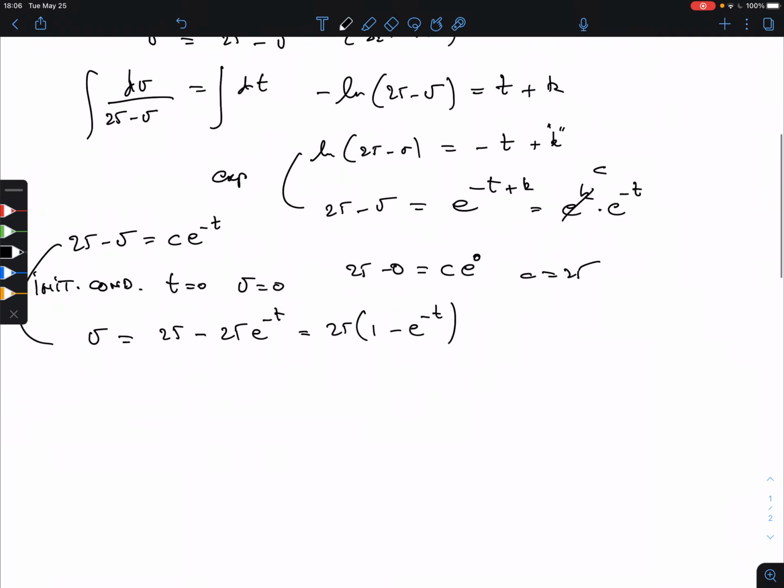And there was an extra question. What is the terminal velocity? Let me remind you about terminal velocity. This is the velocity, so this is what we did. In some sense, it's a theoretical concept because we can never have infinite time, so we'll never reach that terminal velocity. But what very often happens is that fast enough, we get close enough to this terminal velocity.